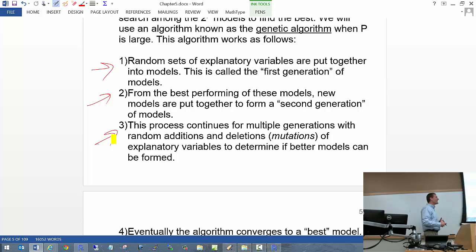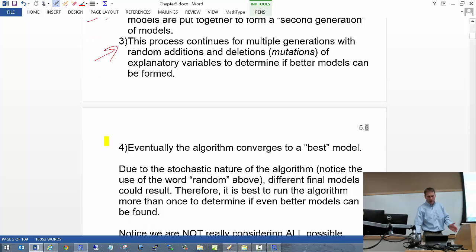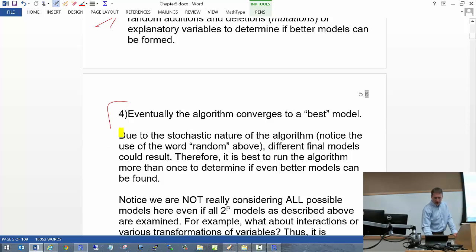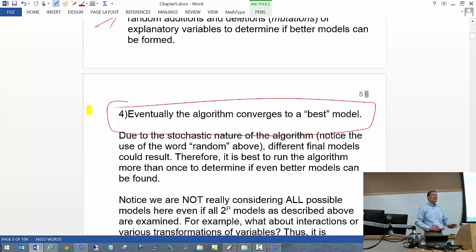Again, the genetic analogy. This is to see if one can come up with a better model. This process continues for multiple generations until eventually the algorithm reaches convergence, meaning no matter how it mutates or whatever new models are formed, it cannot find anything better. And then the algorithm ends. And that's how it works.